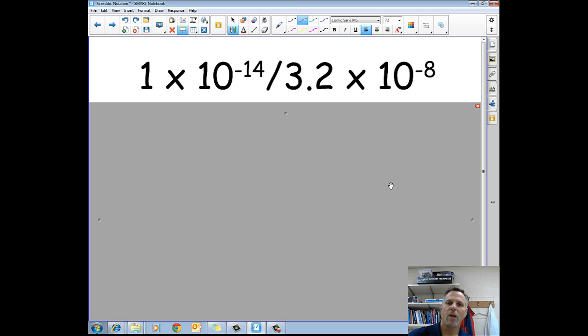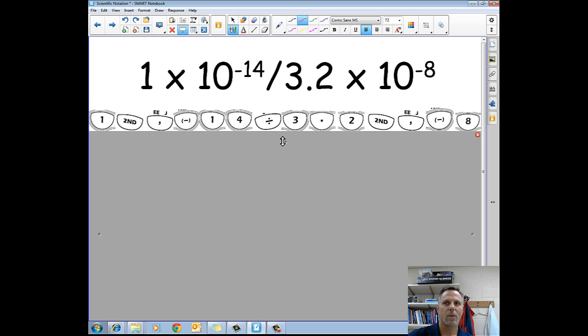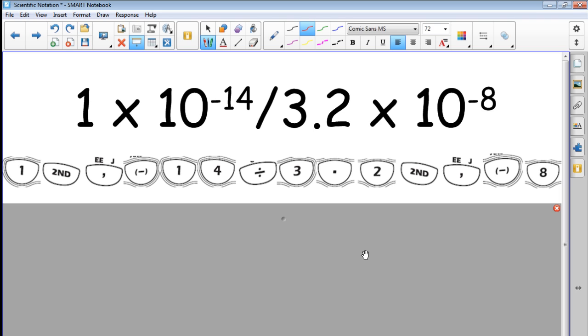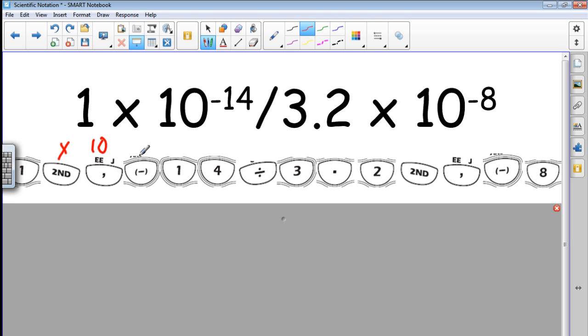Here's another one. Give this one a try on your calculator as well. This time we're taking two numbers and we're dividing them. So it's 1 times 10 to the minus 14th divided by 3.2 times 10 to the minus 8th. Go ahead and take a look there. Here's all the buttons you have to push. So what you do is you hit your 1, and then here's the times 10 to the button, -14 divided by 3.2, second function EE is again times 10 to the button, -8.